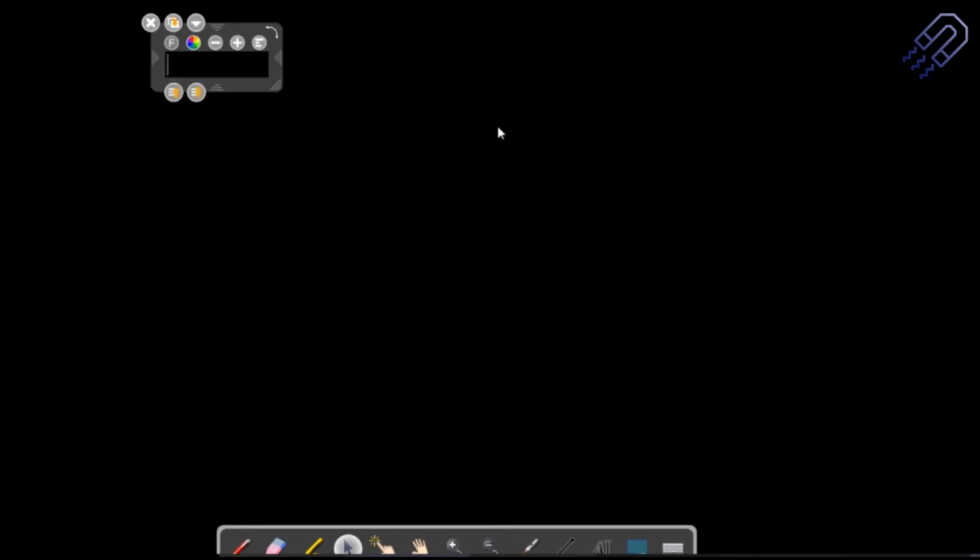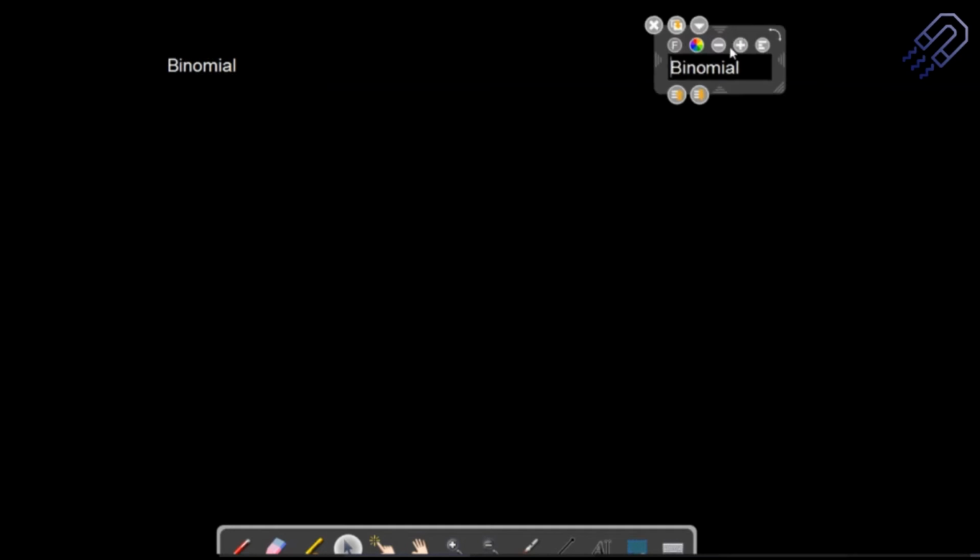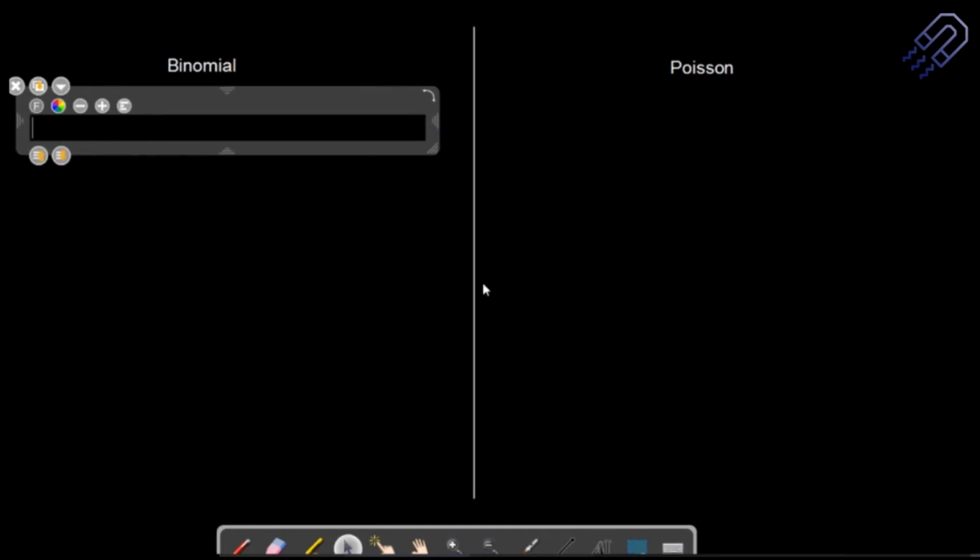On one side I can take binomial, and on the other side I can pick up Poisson. Let's write down some points of difference between the two. First, I'll write the points on the binomial side, and then we can shift to the other side.